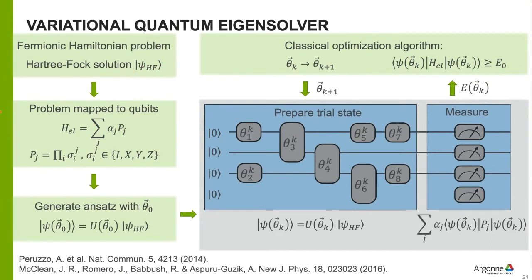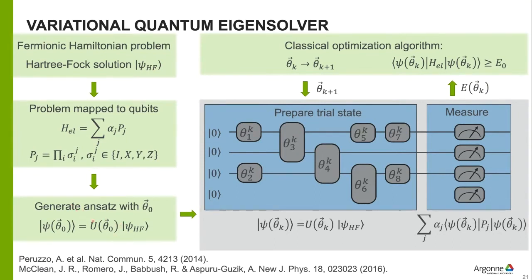When you map the problem onto qubits, you get these sums of Pauli strings, and you need to generate the ansatz to represent the wave function.